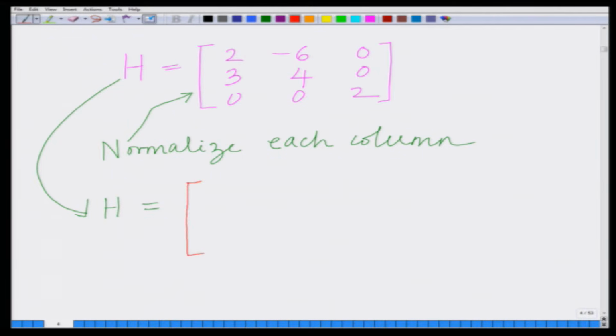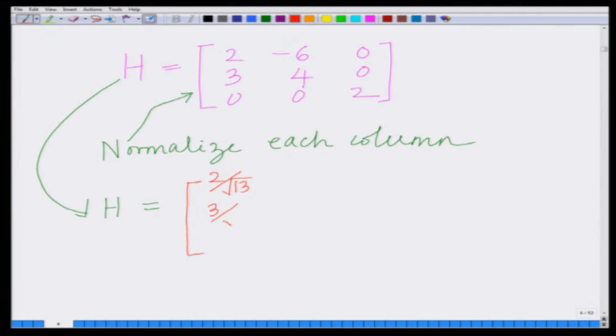Therefore, I will have H equals the first column divided by the norm of the first column. The norm of the first column is square root of 2 square plus 3 square plus 0 square, that is square root of 4 plus 9, that is 13. So, divide by the square root of 13.